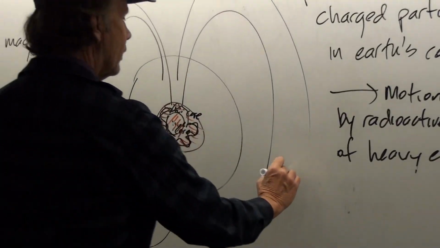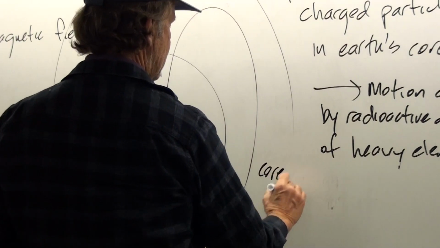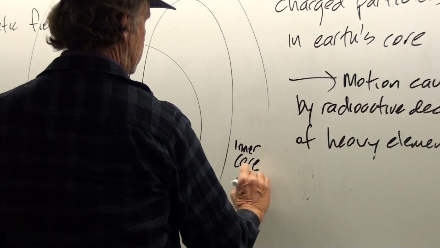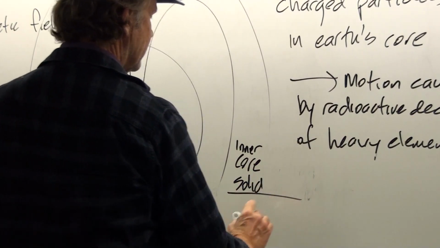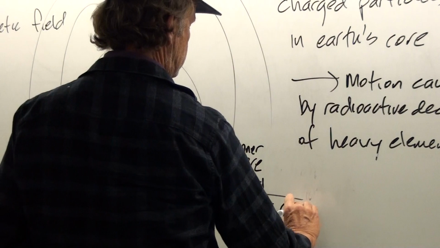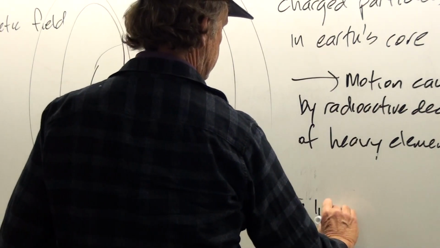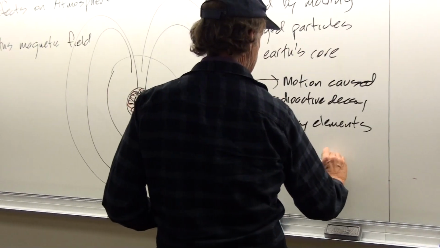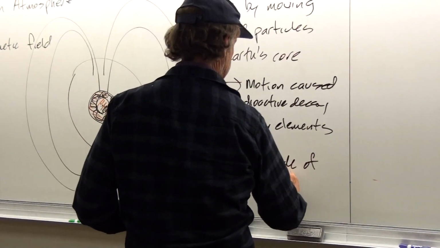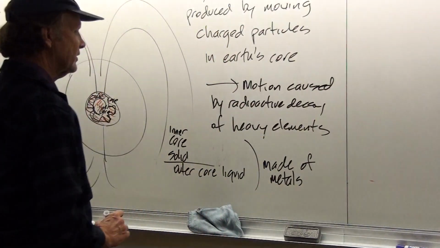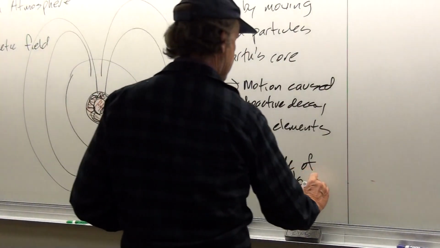Okay, and so our core, the inner core is solid, but the outer core is liquid. They're both made of metals that can conduct electricity, so electrons can move around.